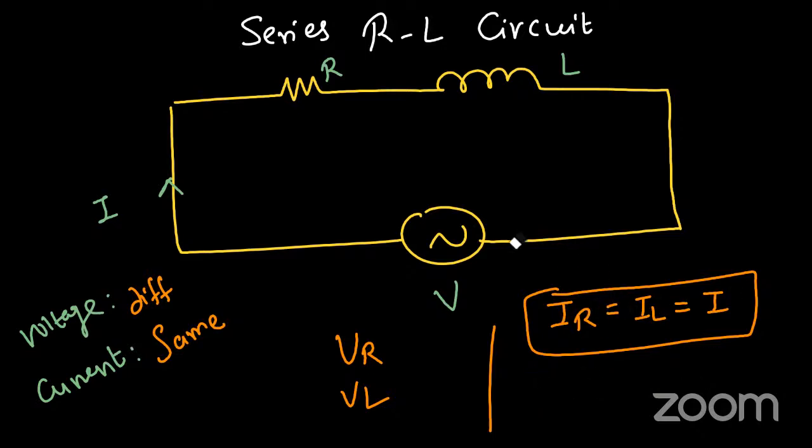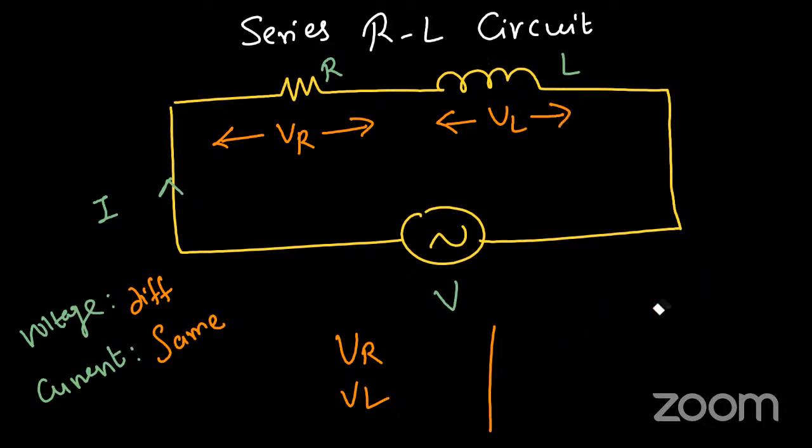But we can write this: the current is the same for all. The total circuit current, the current through the resistor and the current through the inductor, all three are the same. But the voltages are different. So what is the voltage across this? That is VR. And the voltage of the whole circuit is V. Now we need to design a formula for VR, VL and other things.